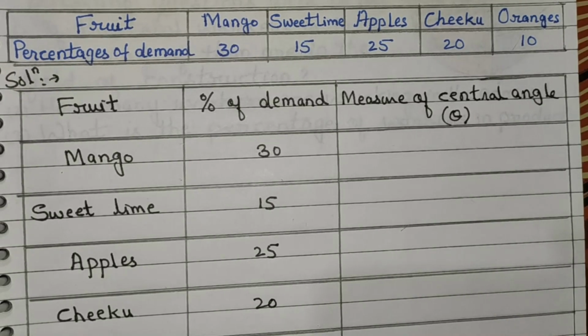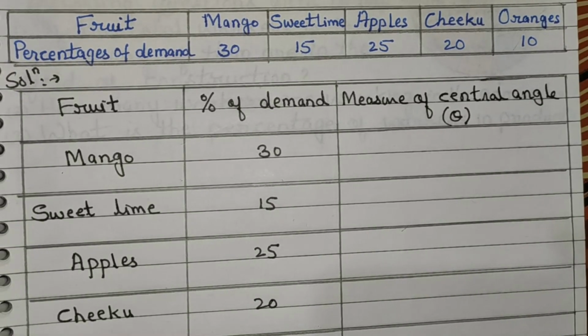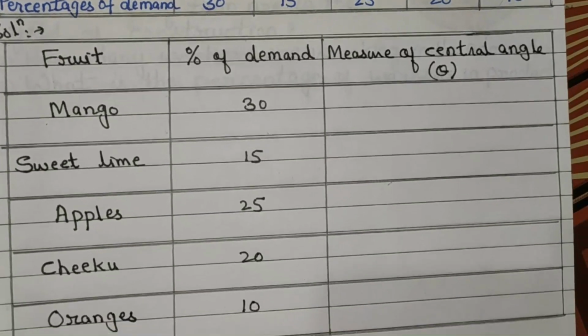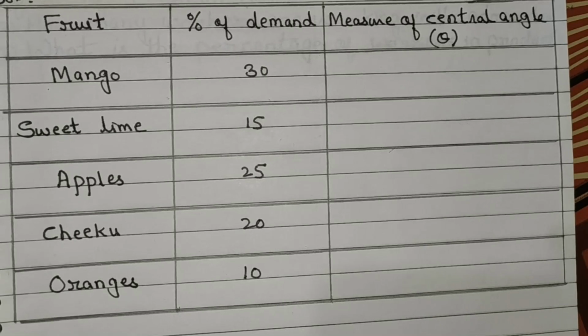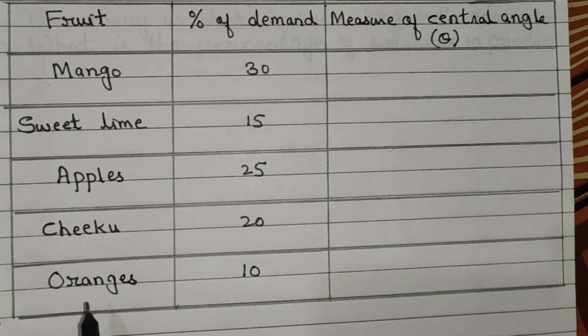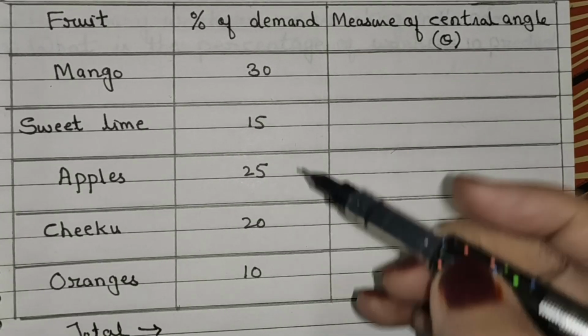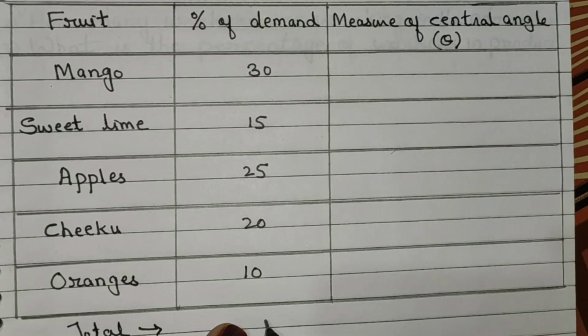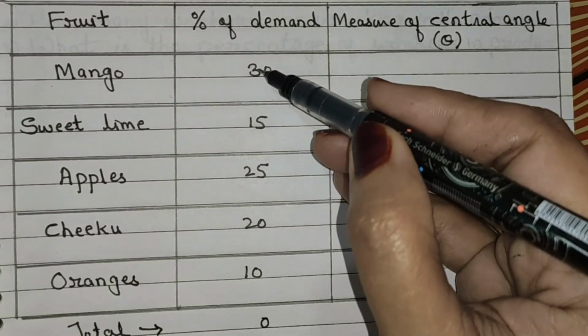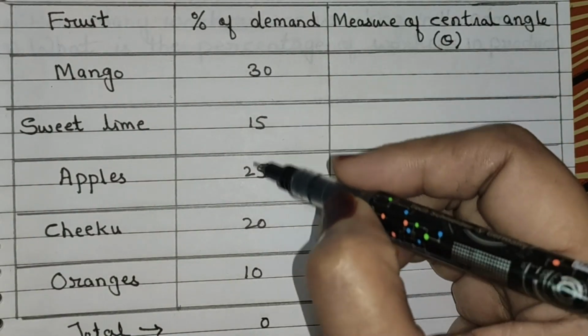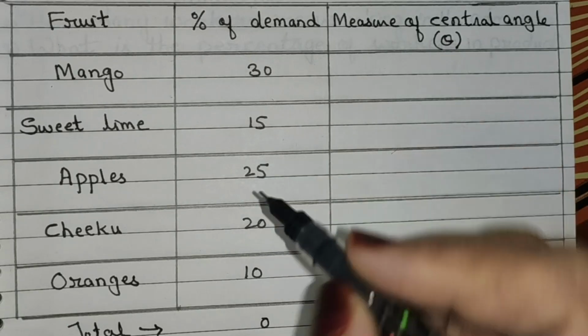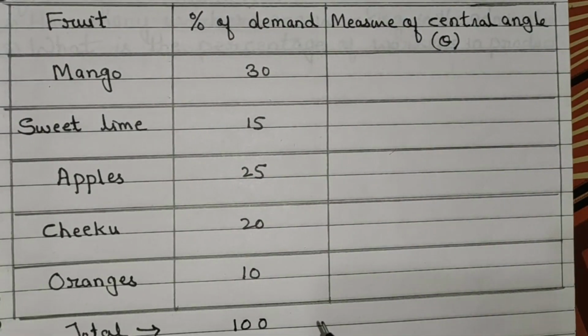And the last one is oranges, which is equal to 10. Now first find out the total of percentage of demand, means total number of scores. Here 5 plus 5, 10, 0, 1, 3 plus 1, 4, 5, 6, 7, 8, 9, 10. Now we get here 100.